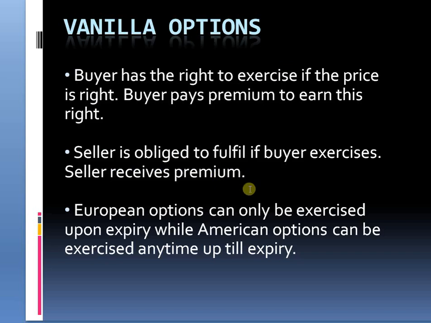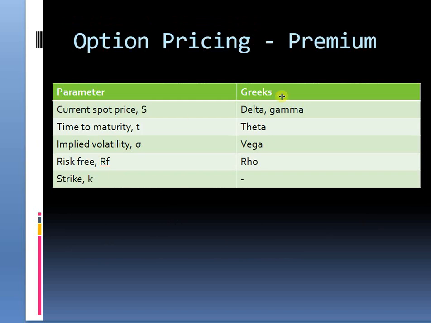Okay, so let us move into the notion of valuing an option. Basically the question is, how do we calculate the premium the buyer has to pay the seller to earn this right? There are five parameters that go into the calculation of option premium.